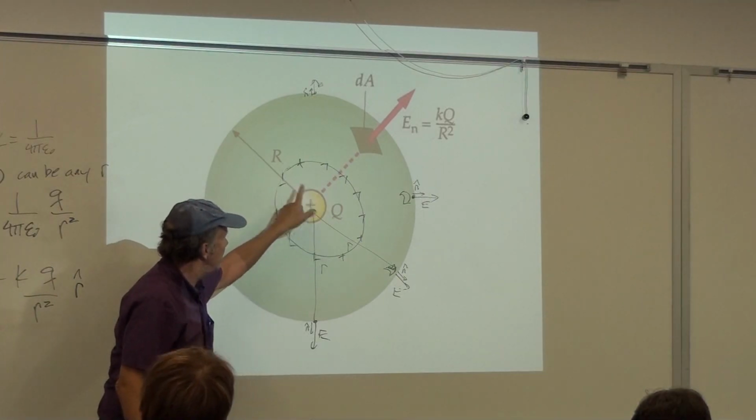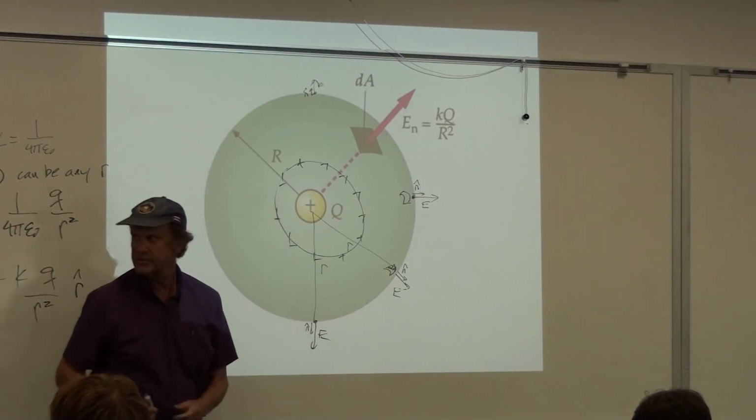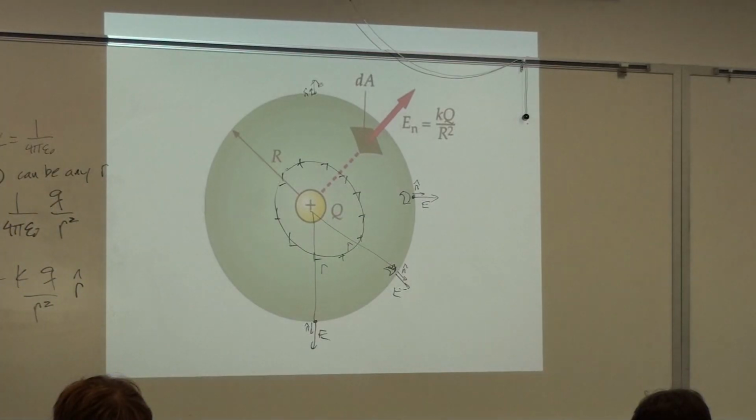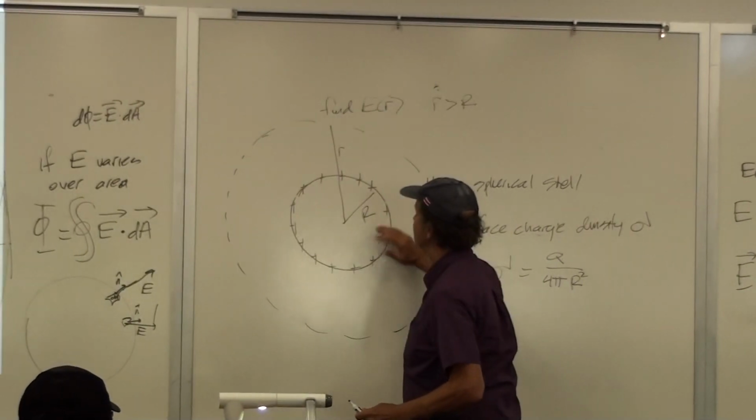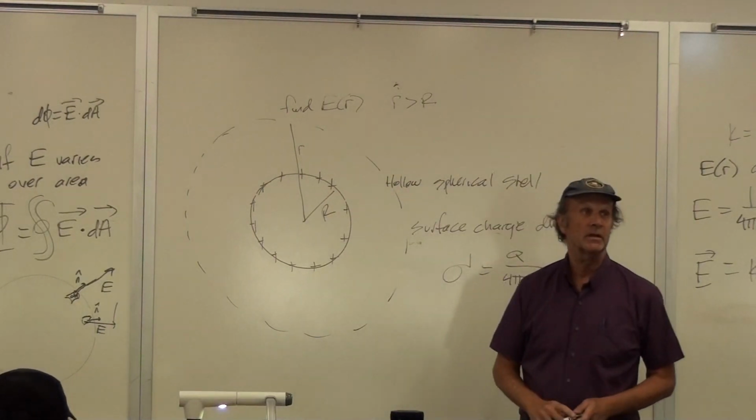And so just using the fact that this is still a spherical symmetry, what this is telling me is that the electric field line should still be spherically symmetric.